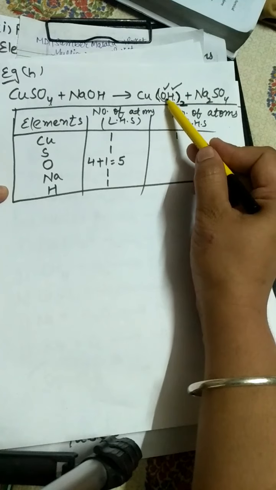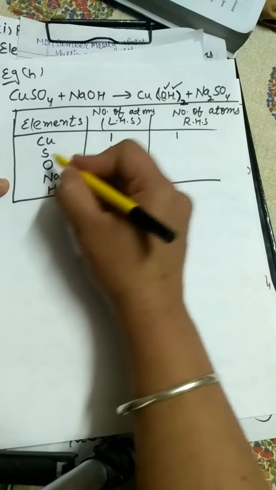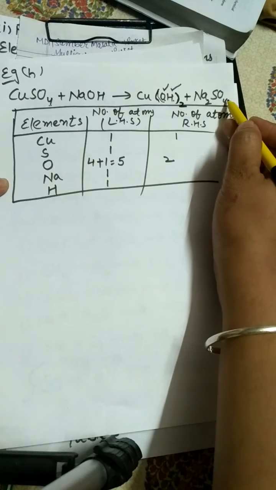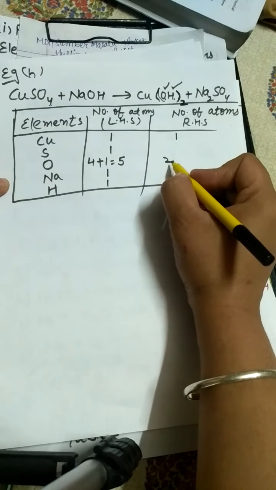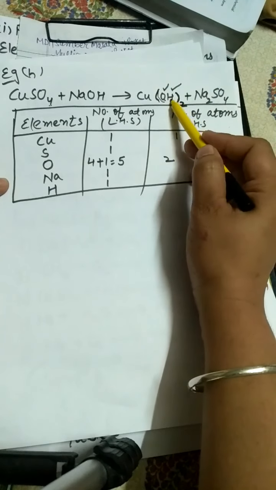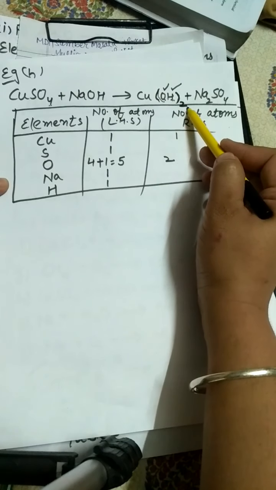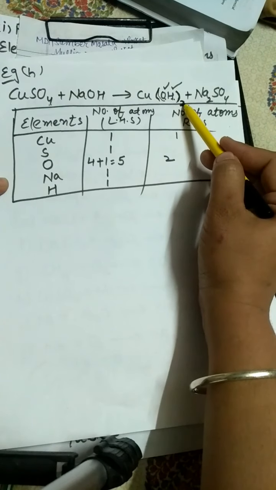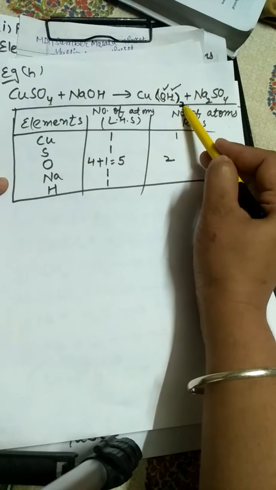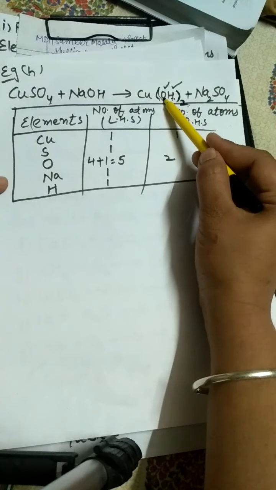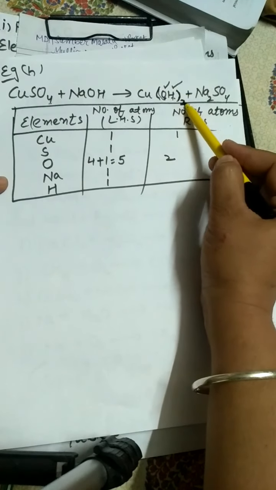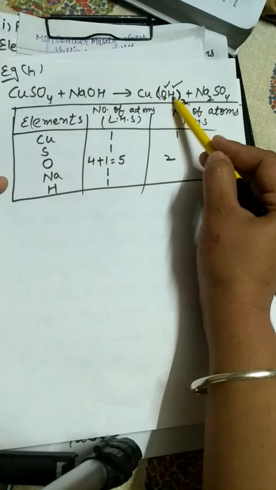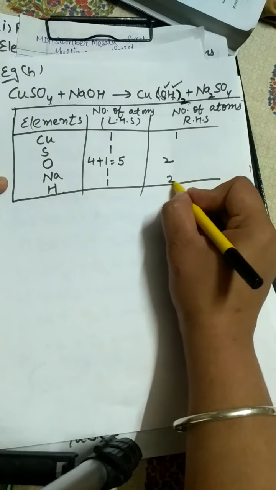So oxygen is having how many atoms? 2 atoms. So in front of oxygen I will write 2, but you can see oxygen has atoms on this side also. So simply I will write first 2. Then hydrogen has how many atoms? Again 2, because outside the bracket 2 is written. So 2 is with oxygen also, 2 is with hydrogen also. So oxygen has number of atoms equal to 2, hydrogen has number of atoms equal to 2. So in front of hydrogen I will write 2.